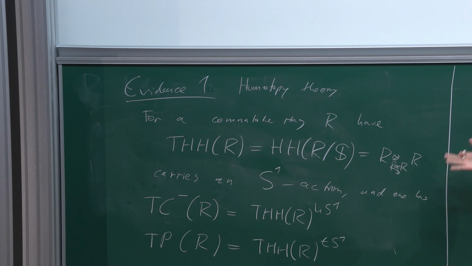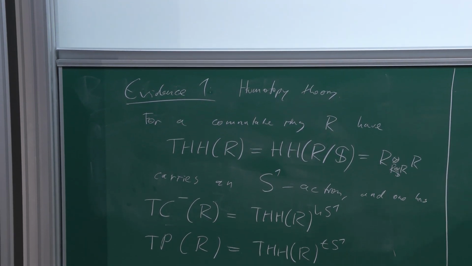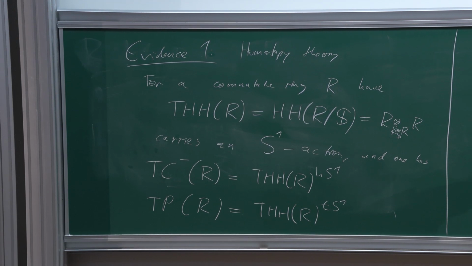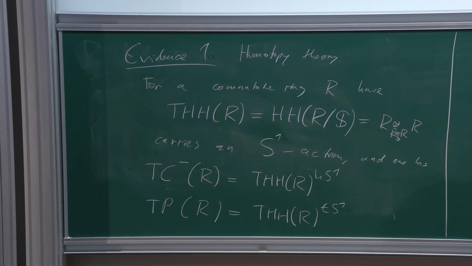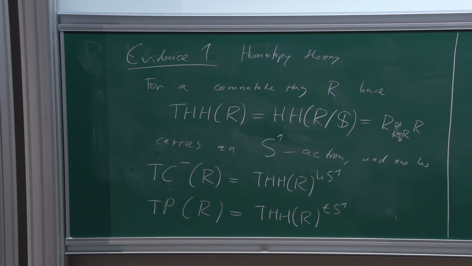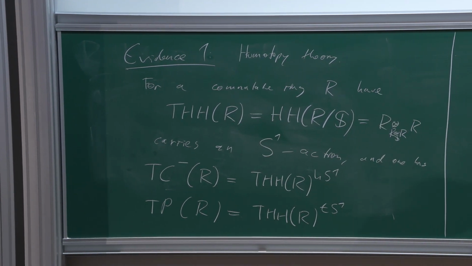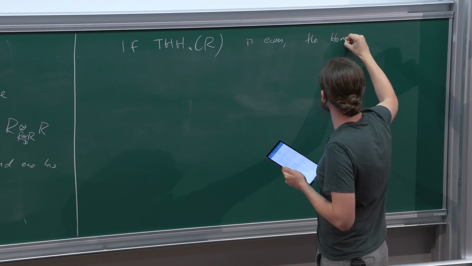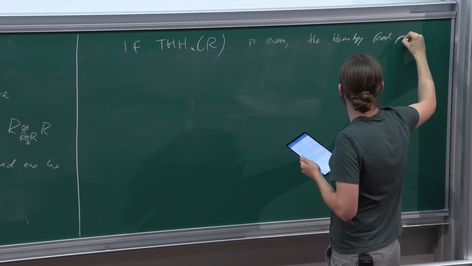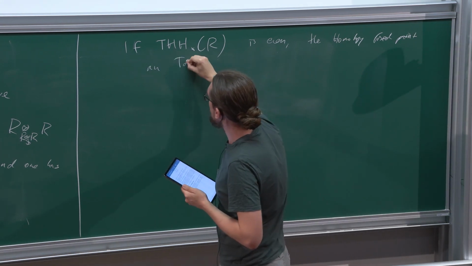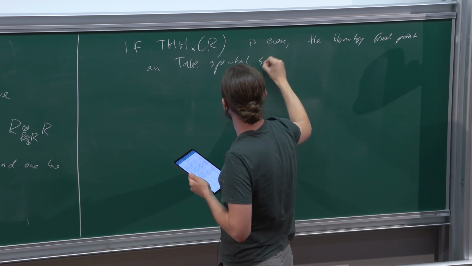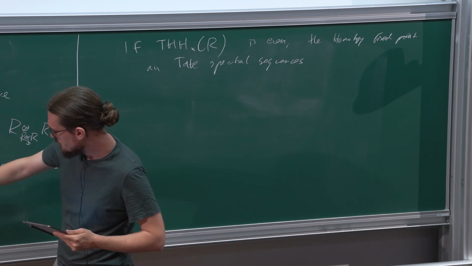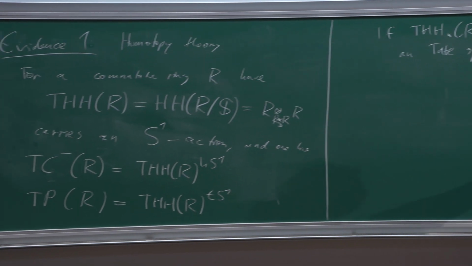And so in general, this is difficult to compute, but one thing you can observe is that if THH is concentrated in even degrees, the homotopy groups of this spectrum live in even degrees, then the homotopy fixed point and Tate spectral sequences that you always have, that converge against homotopy groups of the homotopy fixed points and the Tate construction, they both degenerate.